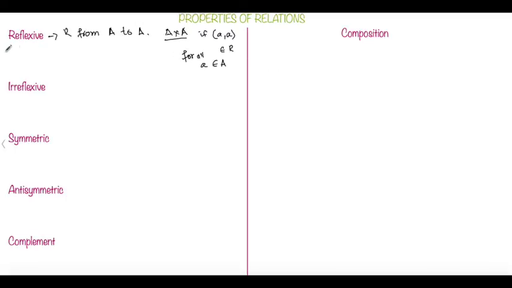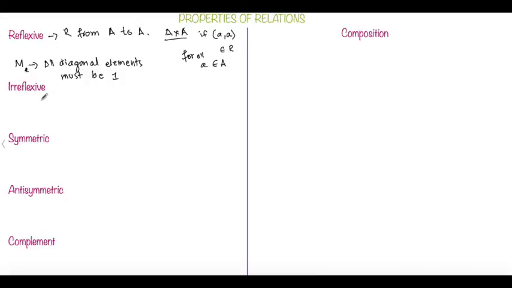In matrix form, what we will say is that if we have MR, all diagonal elements must be 1. So this is the condition for checking if it is reflexive.